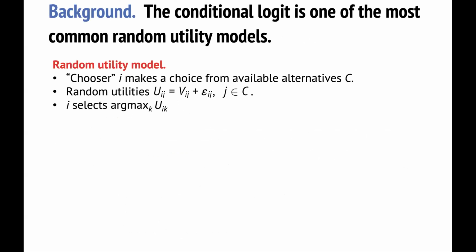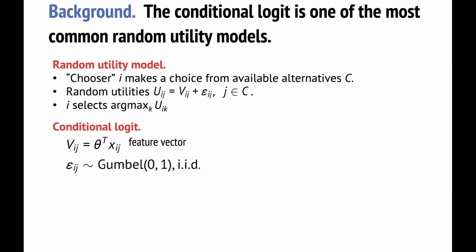So I'll start with introducing the more general random utility model. Think of an agent i making a choice from available alternatives C, and i tries to maximize their utility. So they're trying to pick the item that has the highest utility to them. The utility consists of a static component and a random component.